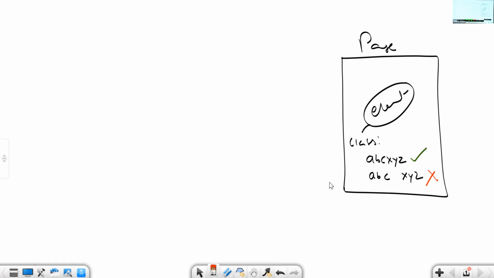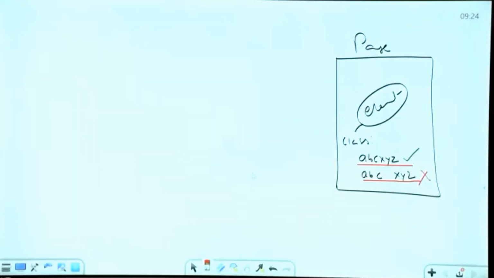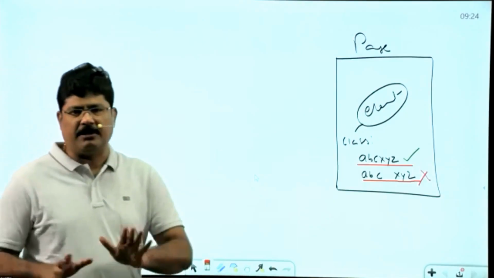If I use compound values in the class name, we get an exception. It's not permitted. We can use ABC XYZ, but we cannot use ABC space XYZ because compound values are not permitted. Right. So this is all about the locators related information.